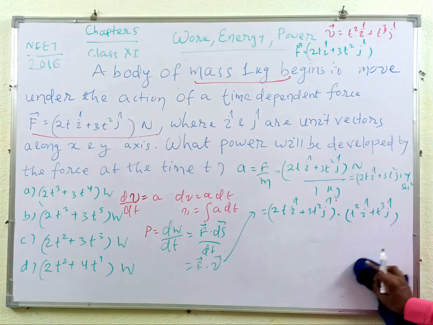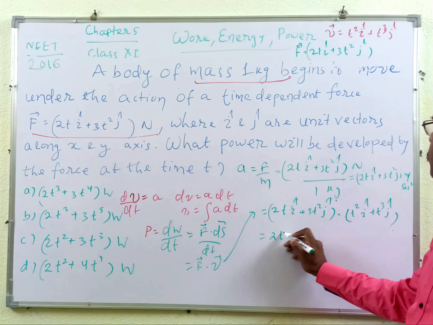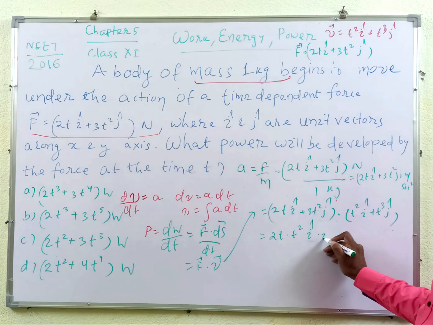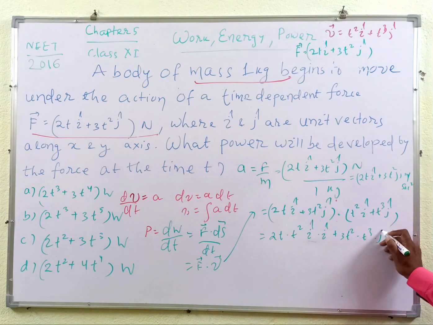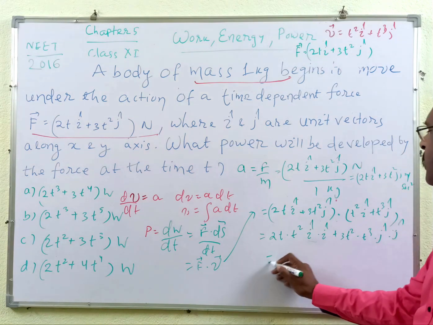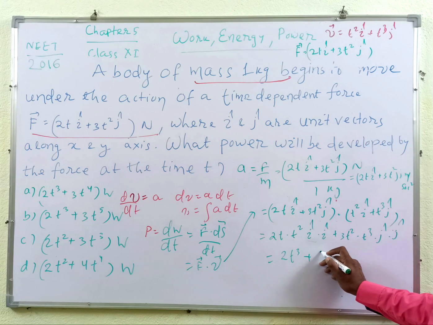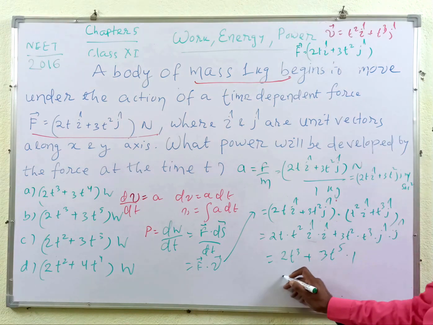Only the i dot i terms and j dot j terms will exist. So we may write 2t into t² i cap dot i cap, plus 3t² into t³ j cap dot j cap. This is 2t³, since i dot i is equal to 1, and this is 3t⁵, since j dot j is equal to 1.